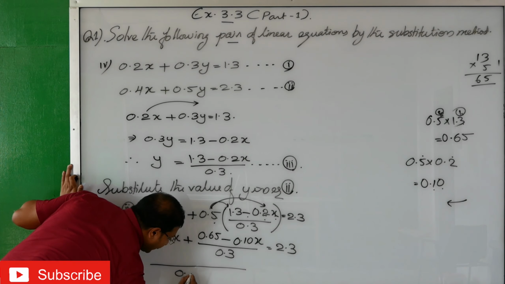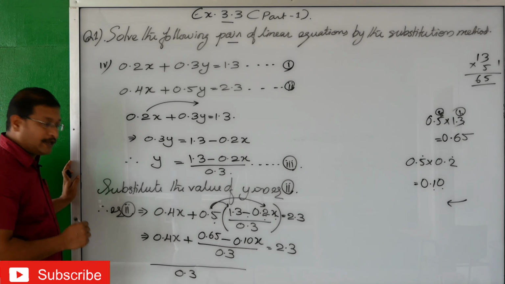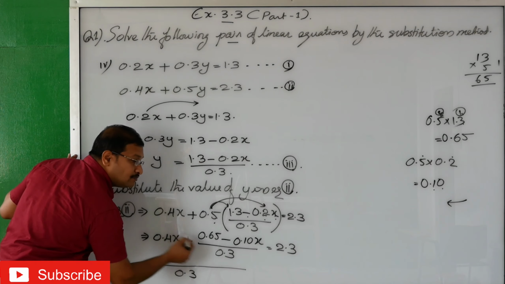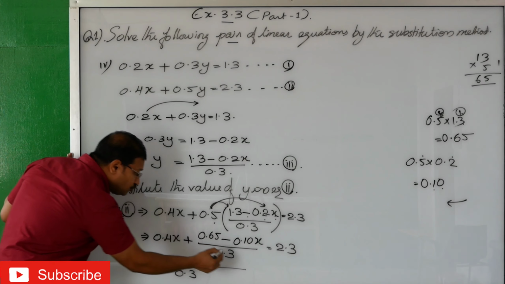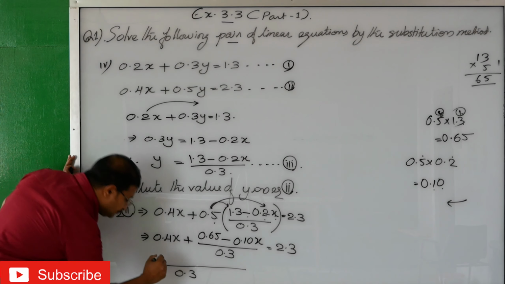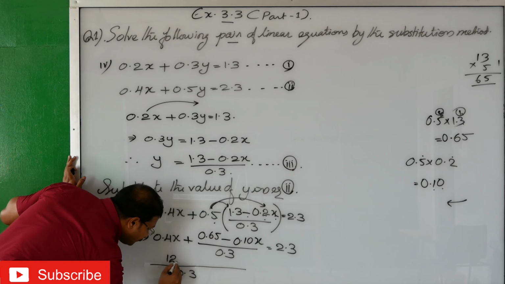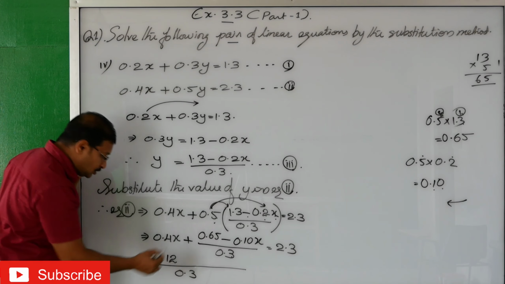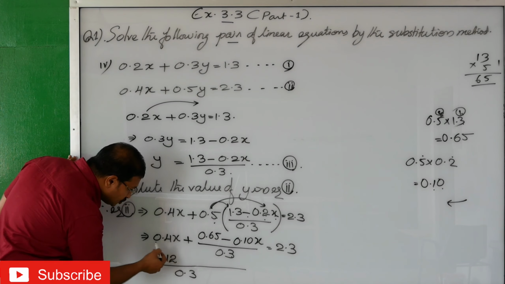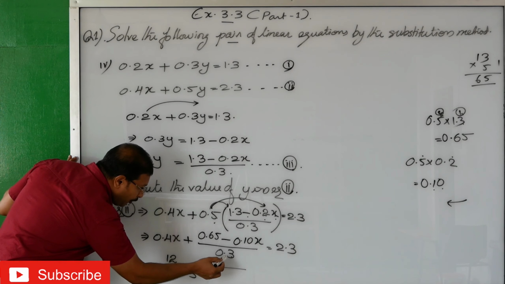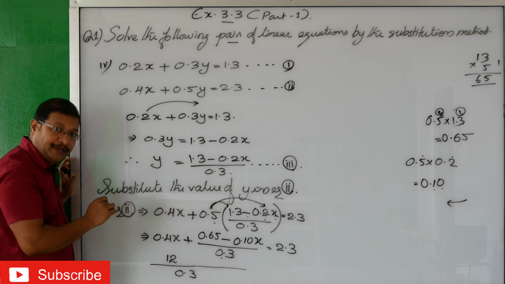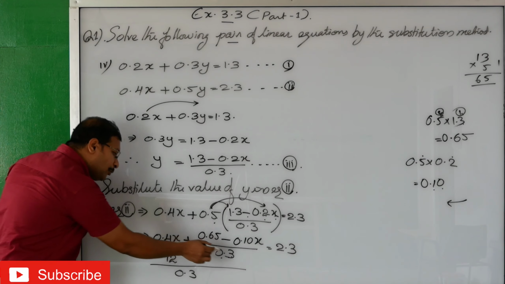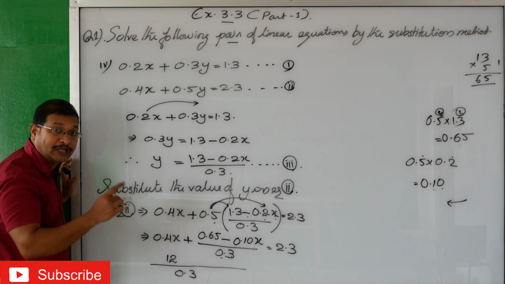See, 0.3. Ready? Now these two will multiply, because here there is no denominator. So this 0.3 we have to multiply here. That means 0.4 into 0.3, 4 3s are 12.